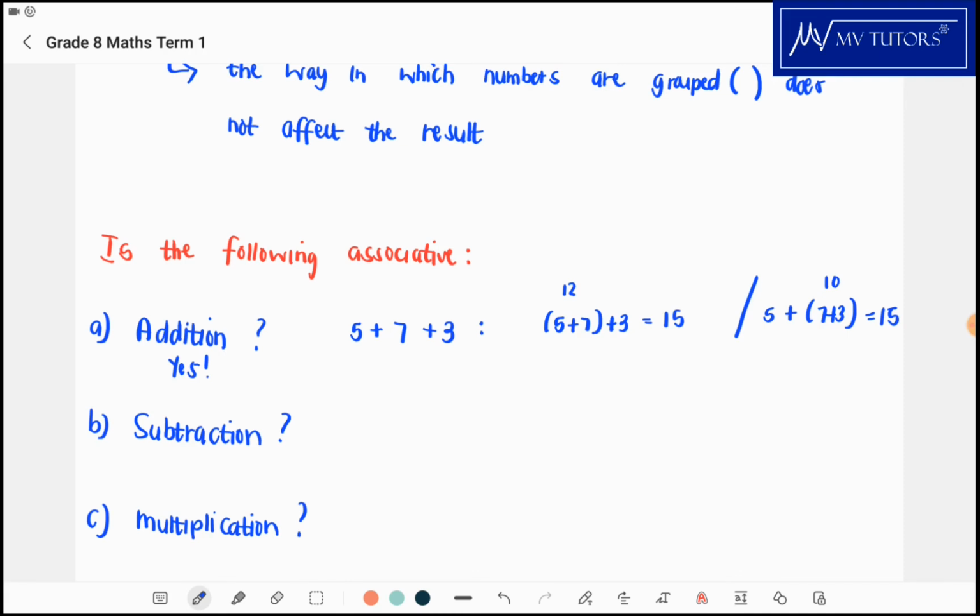What about subtraction? Let's actually use different numbers. Let's say we're going to use 16 minus 8 minus 5. All right, now let us group 16 and 8. And then later on, let us group the 8 and the 5.